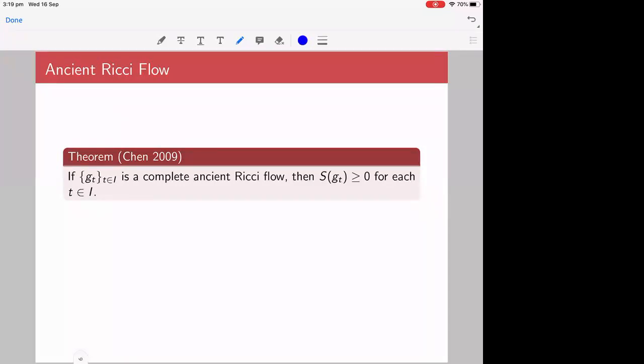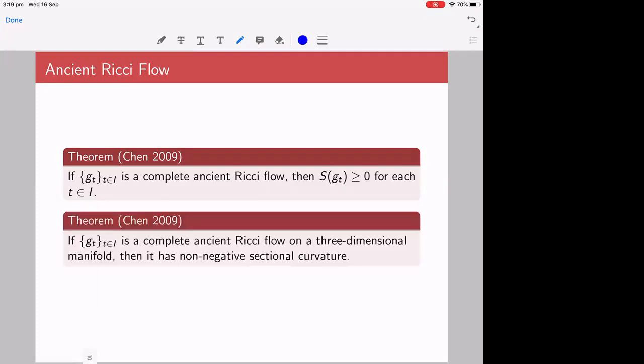Now, not only is our scalar curvature greater than or equal to 0, but we can also play this kind of game with the sectional curvature. Because in 3 dimensions at least, the sectional curvatures also obey a nice PDE that lends itself quite nicely to the maximum principle. And Chen did this exact same thing for the sectional curvature as well.